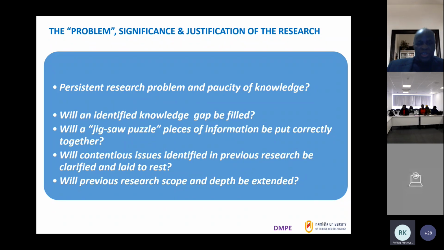Will previous research scope and depth examined by a previous student or a previous staff be extended? In other words, are we doing more of the same and not getting our money's worth?